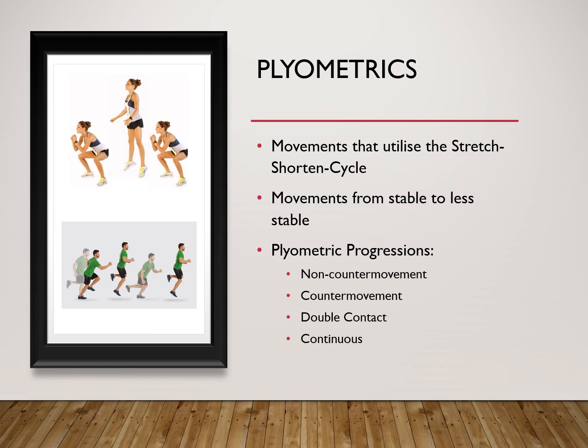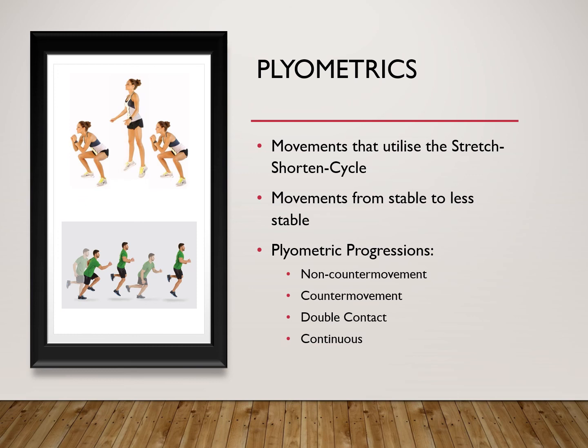We'll go into a lot more detail, but essentially if we try and develop plyometric work, we'll move from a more stable base to a less stable base, obviously trying to reflect the instability that comes from high velocity movements.